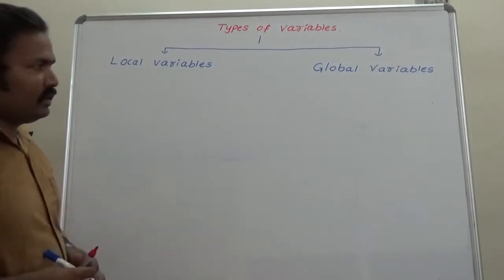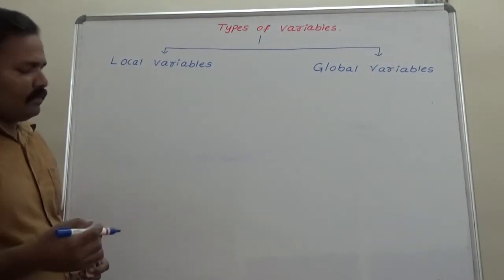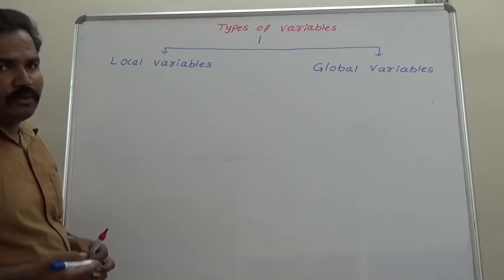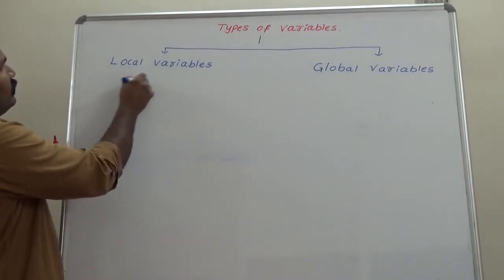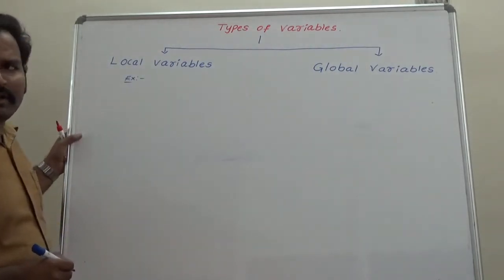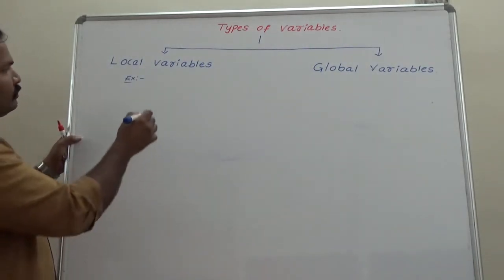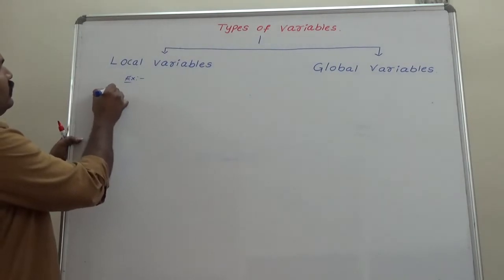Right. So here we will see one program example: a program to demonstrate local variables. First, the link section.